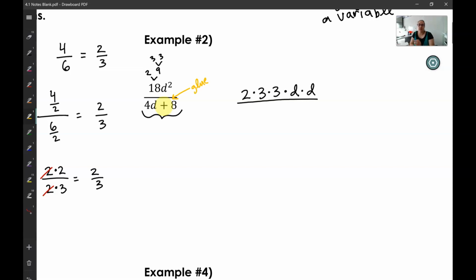That addition sign is going to glue the 4d and the 8 together, meaning that if we're going to get rid of them, we have to get rid of them together. We cannot get rid of them individually or separately. That plus sign is glue. So whenever you have a glue term, is what I'm going to nickname it. So right here we're going to call this a glue term.